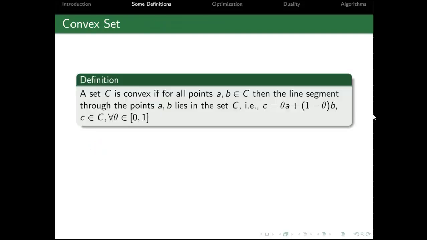A set C is said to be convex if for all points a, b belonging to the set, the line segment passing through these points should also lie inside the set. So mathematically we can see this as all the points of the form theta a plus 1 minus theta b when theta lies in the closed interval 0 to 1 should also belong to the set C. Next, let us look at the definition of convex combination.